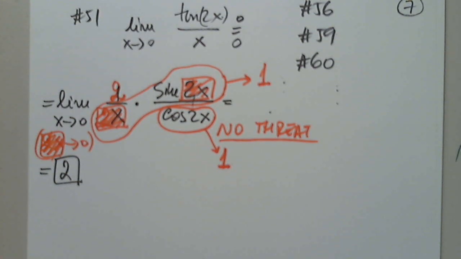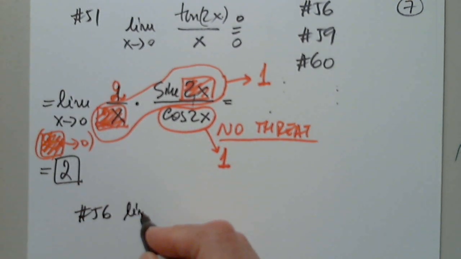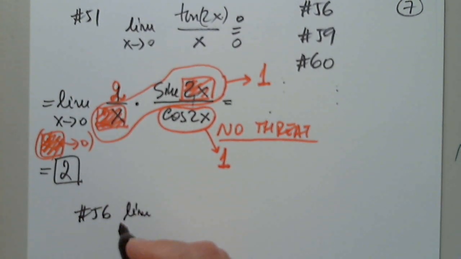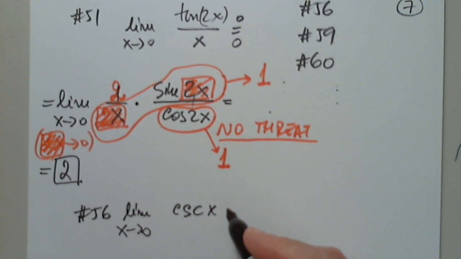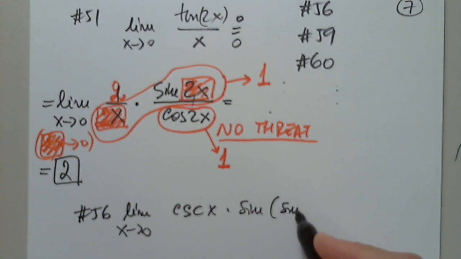We chose 56. So 56. Limit as x approaches 0 from cosecant x times sine applied to sine x. Interesting. Very good.